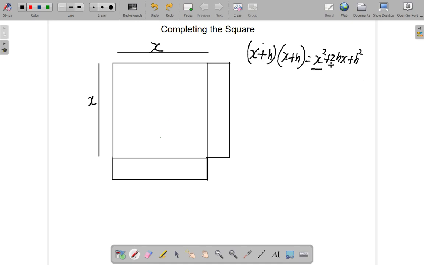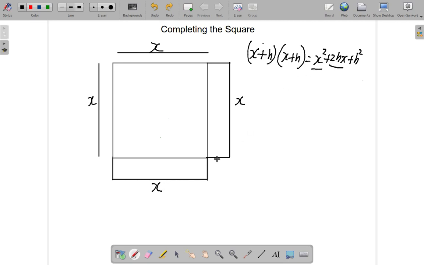Now let's concentrate on this part here. The height x is the same as this height x. The width here from here to here is the same as this width x. But how does the h part come in?